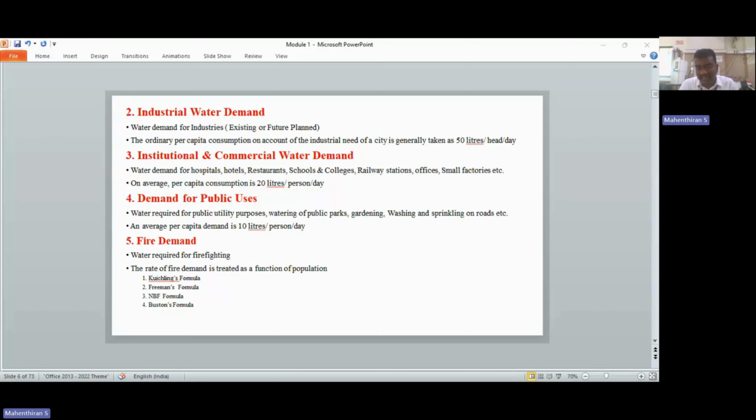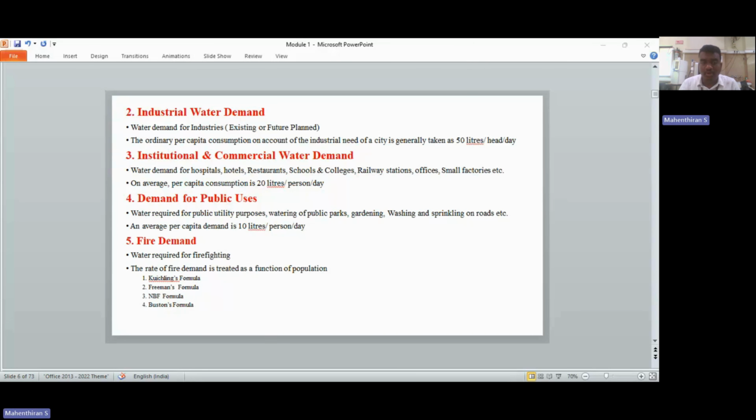Typically, the per capita industrial water demand is taken as 50 liters per head per day. This value helps engineers include industrial water demand in the total water supply calculation of a city.